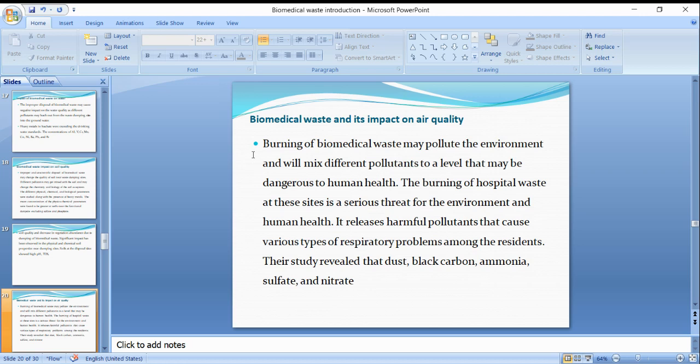So there we have to study the dust, black carbon, ammonia, and sulfate and nitrate. Here in the air we have to study the dust and also carbon.